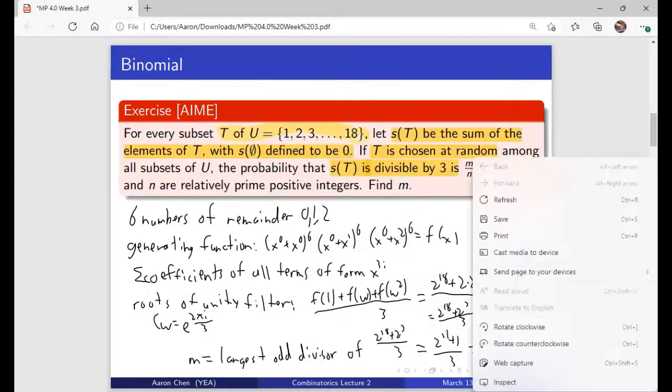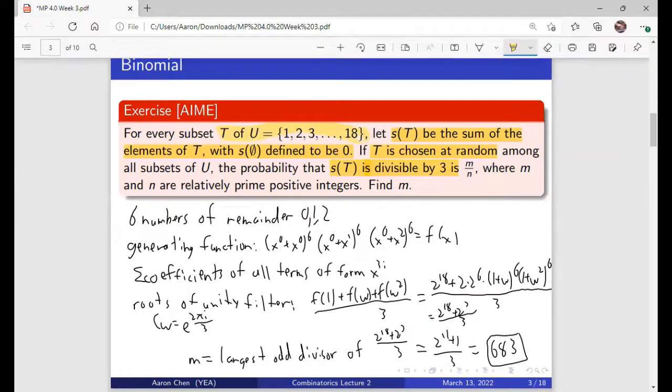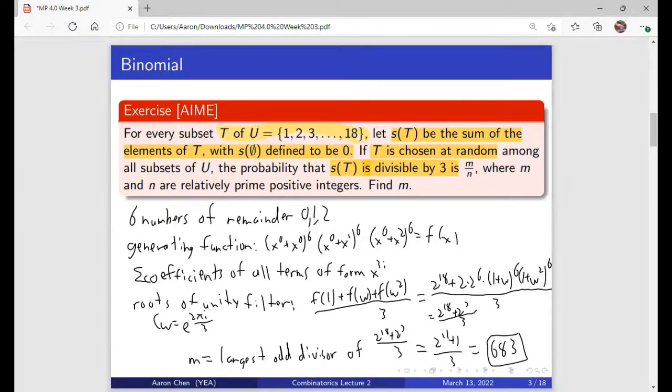What we first notice is that the fact that the numbers are from 1 through 18 doesn't really matter. What really matters is that there are 6 triples of numbers where the remainders are 1, 2, 3. So all in all, there are 6 numbers of remainder 0, 6 of remainder 1, and 6 of remainder 2.